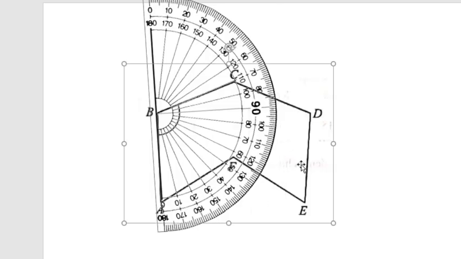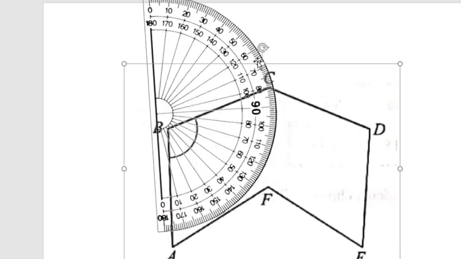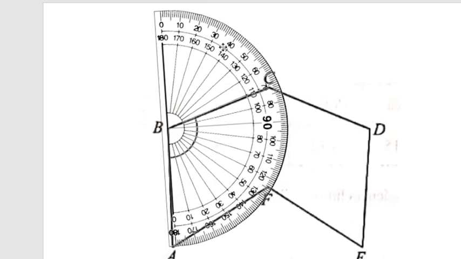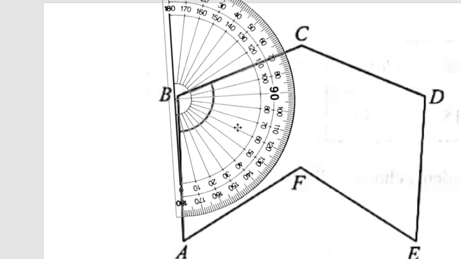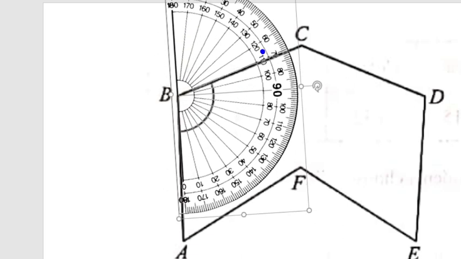Back to this one, we enlarge it and measure, it is also 110. Enlarge again, make it bigger, place it, measure again, it's still 110. So enlargement won't affect the angles. So bonus mark for you.